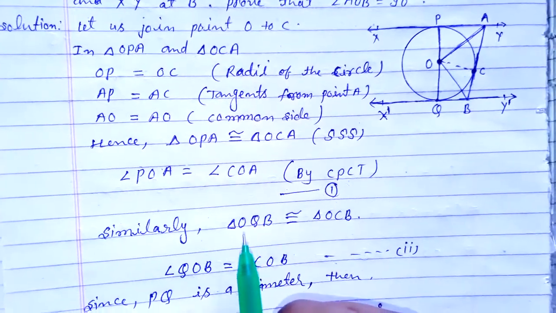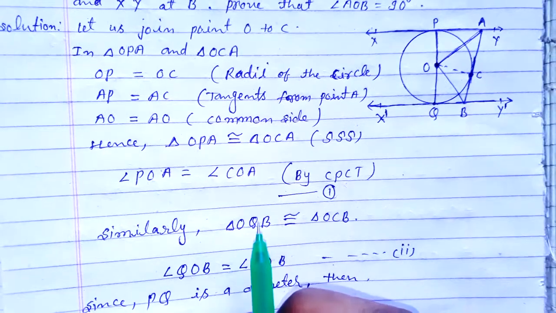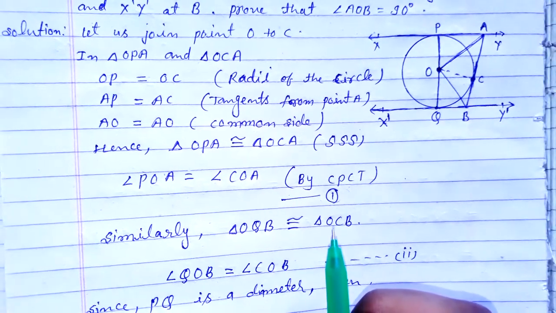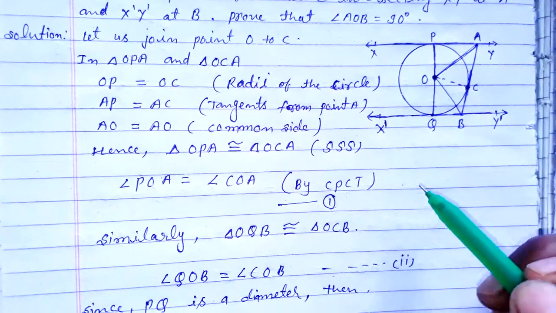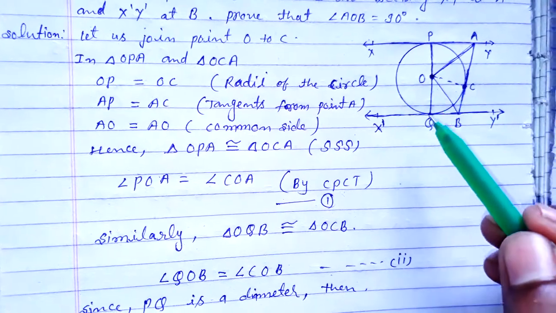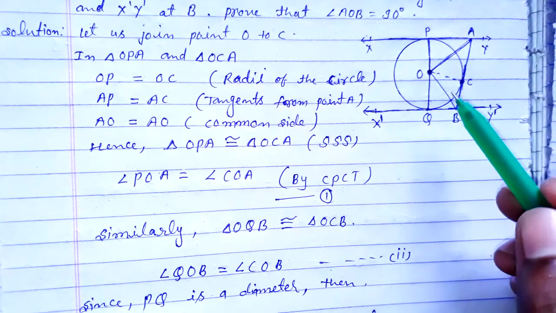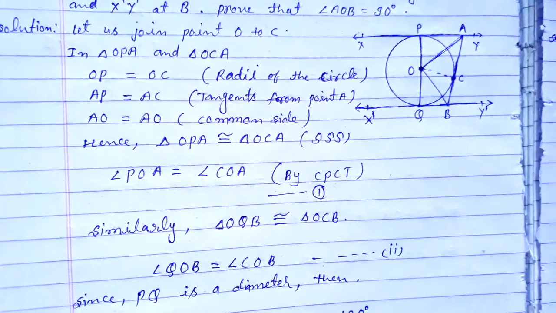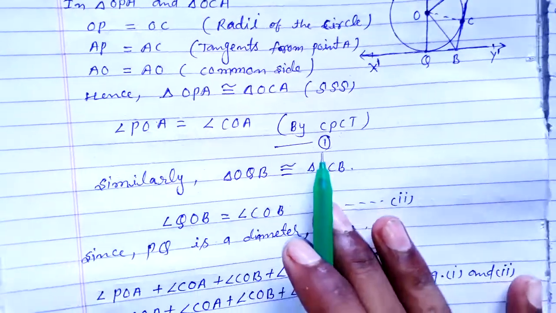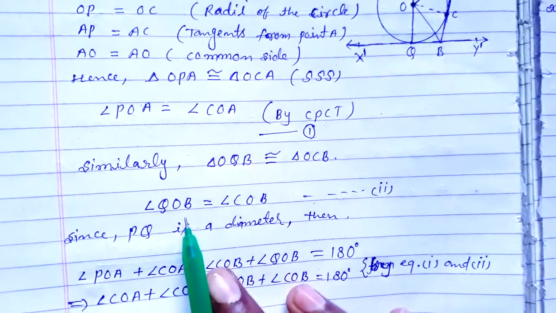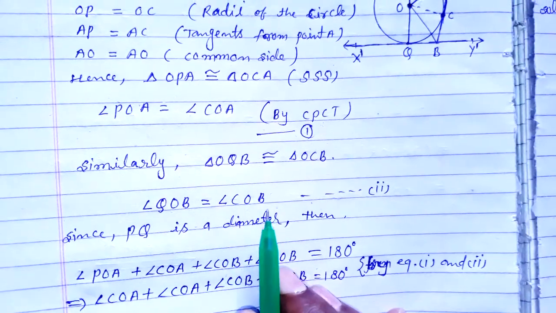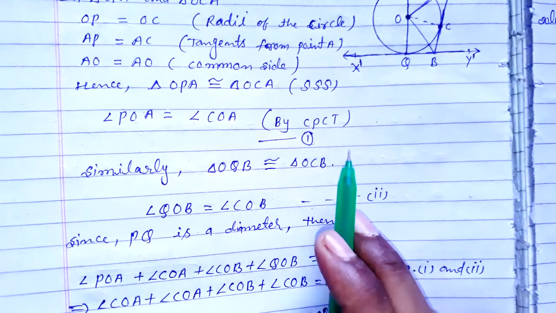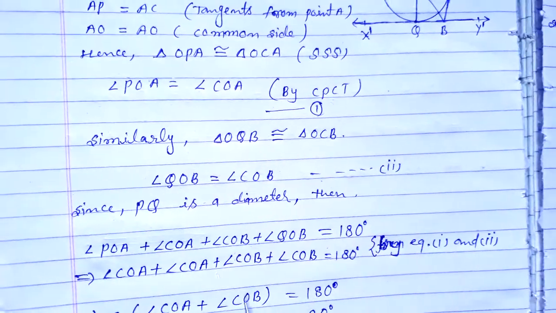Similarly, triangles OQB and OCB are congruent, so by CPCT angle QOB is equal to angle COB. This is the second equation.